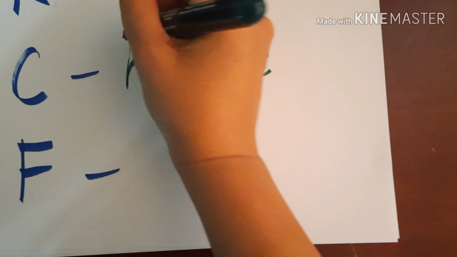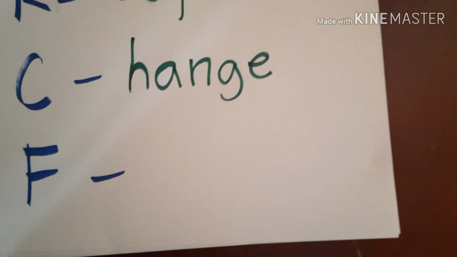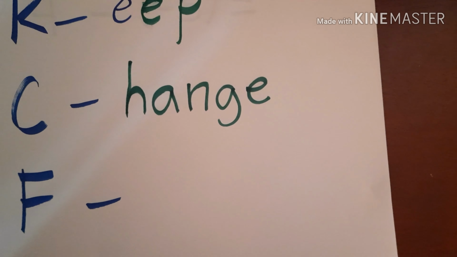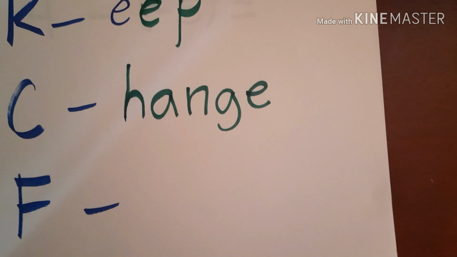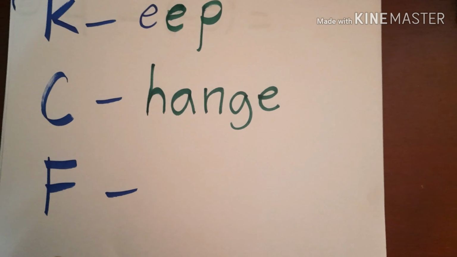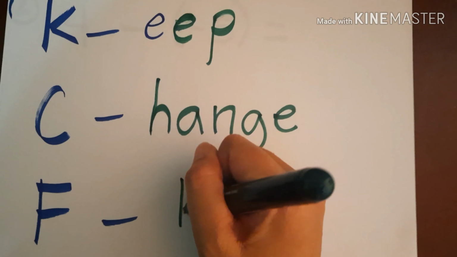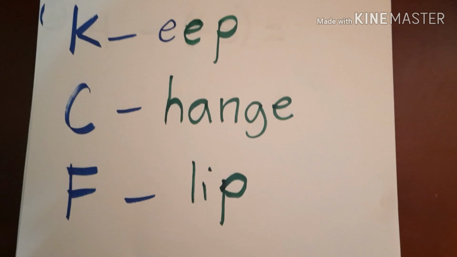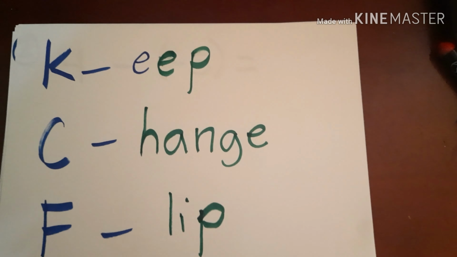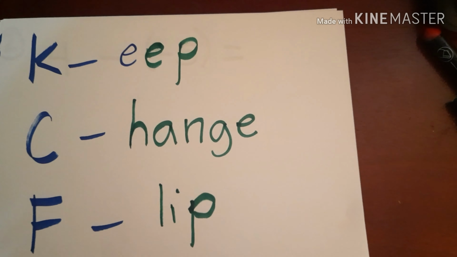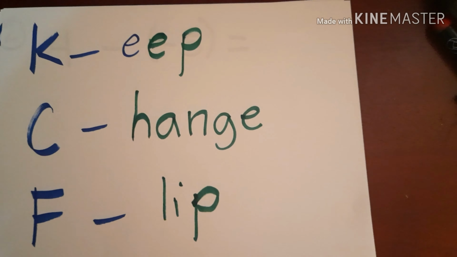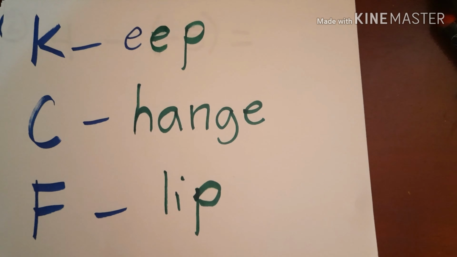So when we say change, you replace it, you put something else in there, you tweak it. How about F? F stands for flip. So when you say flip, you turn it over, so you're getting the other side, like tossing it. So that's KCF, and that would be our first step.